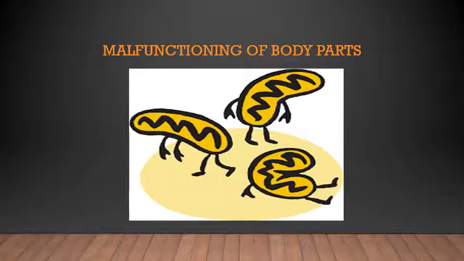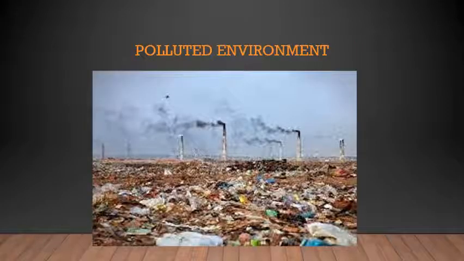That's when we have to monitor it ourselves. That leads to diabetes. Next is polluted environment. As it is very important to keep our body clean, it is important to keep our environment clean also. A polluted environment leads to many diseases, like breathing problems, asthma, and many other problems. It not only spoils our own body, it spoils the environment that we are living in.